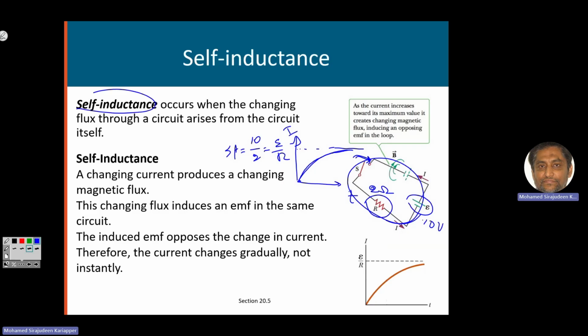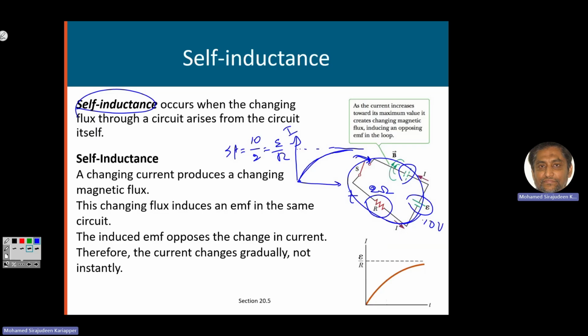We call it self-inductance, because in the same circuit, because of its own current, we have the change in the flux. Therefore, it will oppose this change, and it will create an induced EMF which will try to stop this current. We don't want the change, right? So it will cancel this current, but it will gradually build up.